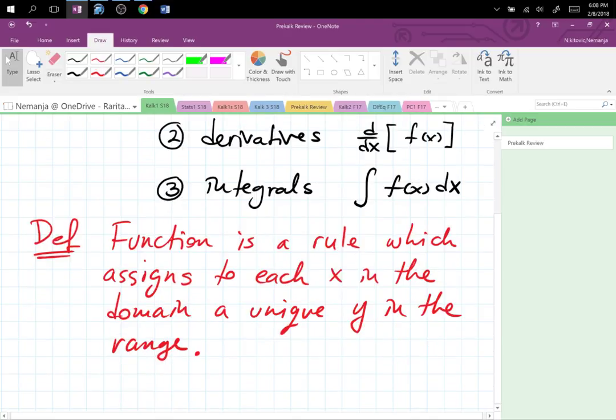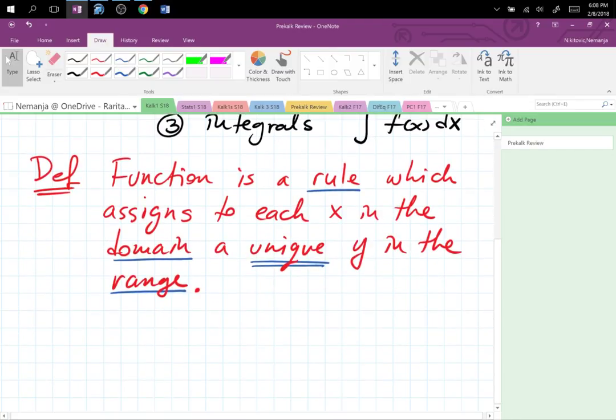I am going to underline four important words: rule, domain, range, and then the word unique. Note that unique is underlined twice.